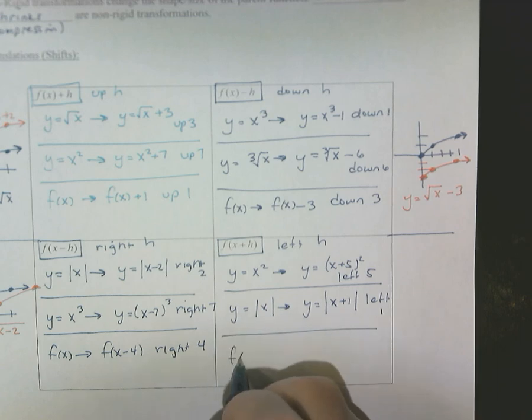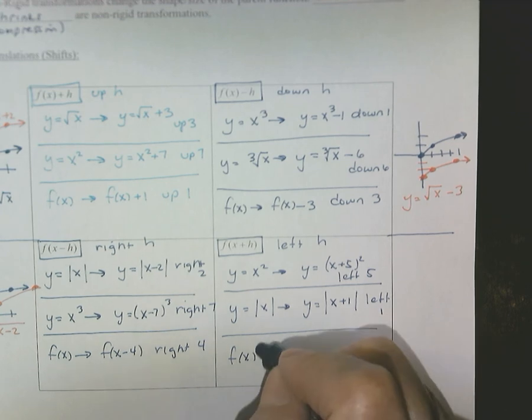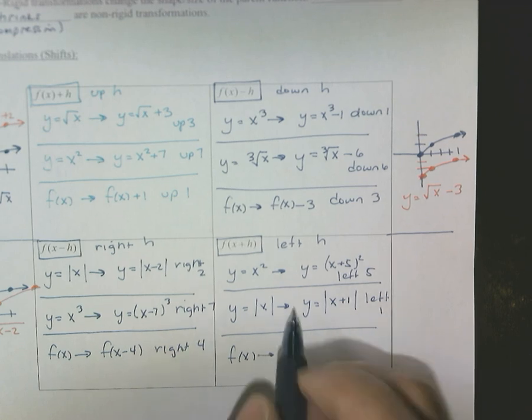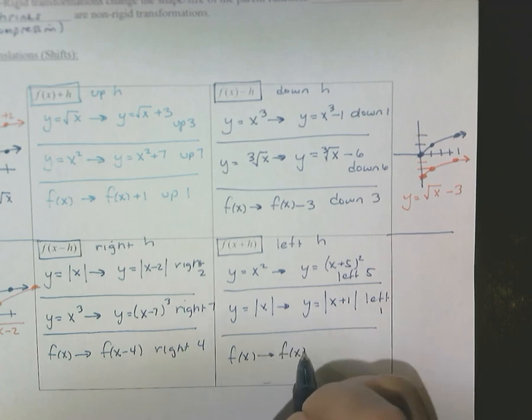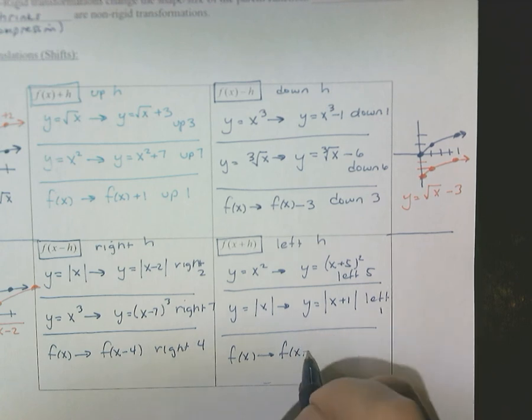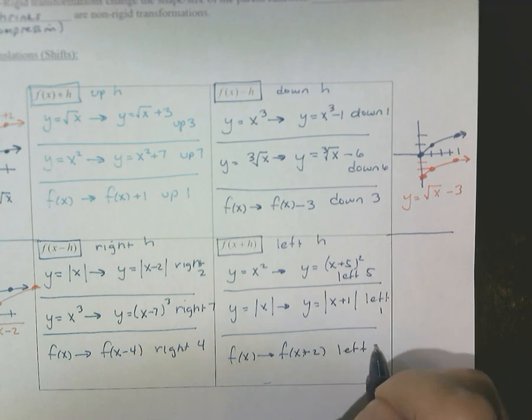So f of x transforms to f of x plus 2. It is going to go left 2.